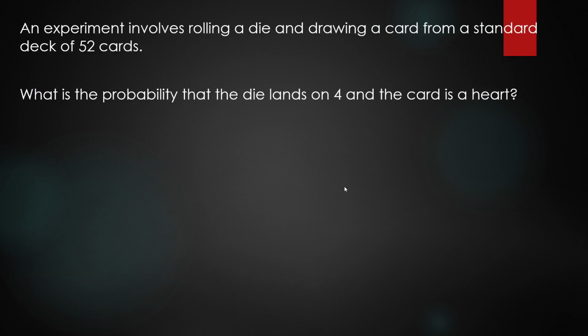Our next question says that an experiment involves rolling a dice and drawing a card from a standard deck of 52 cards. What is the probability that the dice lands on a 4 and the card is a heart? So if you're not familiar with a deck of cards, you want to Google it, because if you don't know how many hearts there are in a deck of cards, you won't be able to solve this problem.